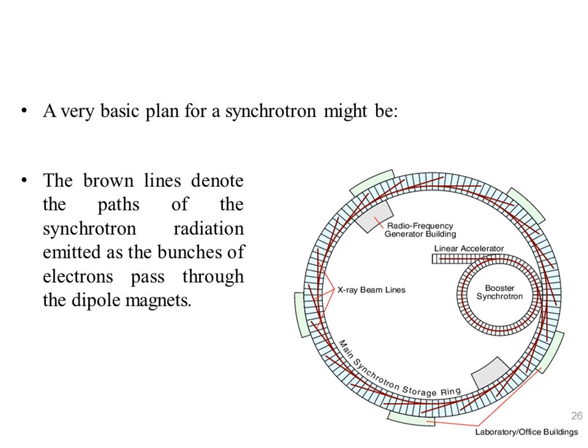Here you can see in this diagram the radio frequency generator building, X-ray beam line, main synchrotron storage ring, booster synchrotron, linear accelerator, and the brown line showing the synchrotron radiation emitted as the bunches of electrons pass through the dipole magnet.